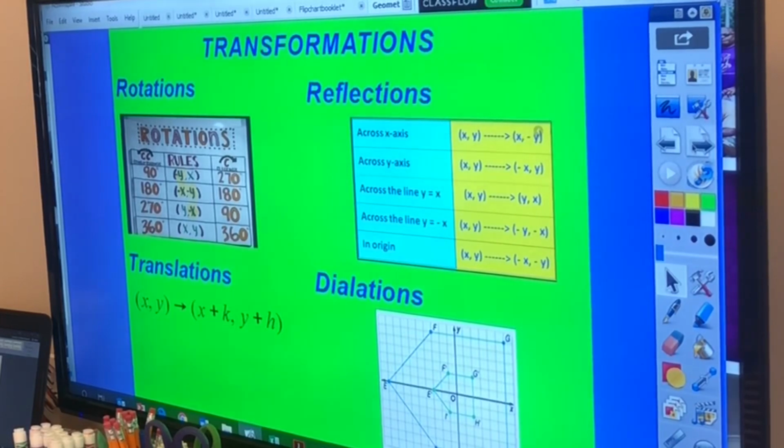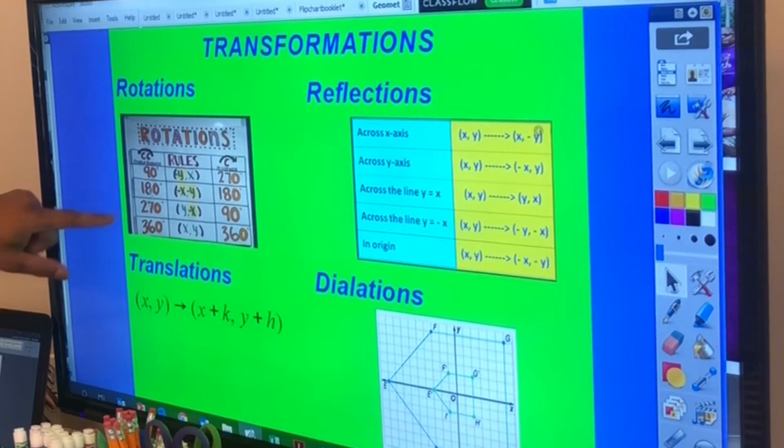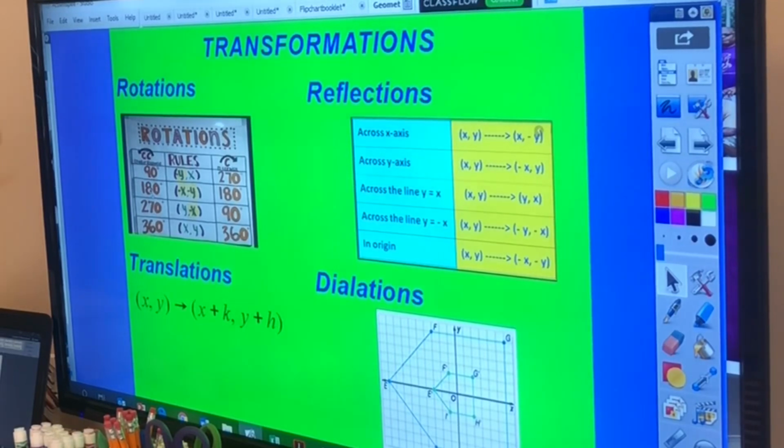The rules for rotation. One thing you need to pay attention to is that the left side deals with counterclockwise, and the right side deals with clockwise rotations. So, if you are rotating 90 degrees counterclockwise, it is the same thing as saying I rotate 270 degrees clockwise. Draw a little coordinate plane, if you can, to give yourself a better understanding.